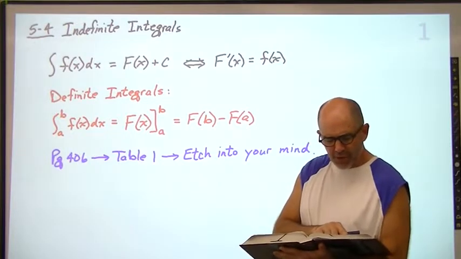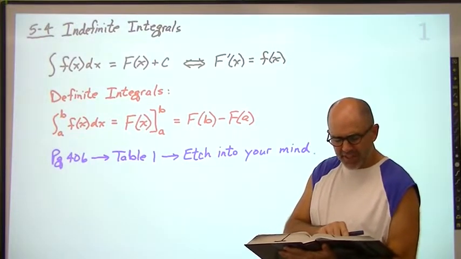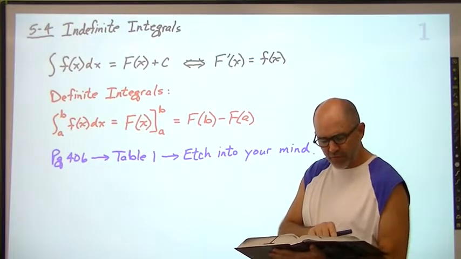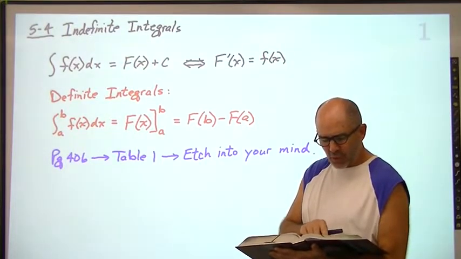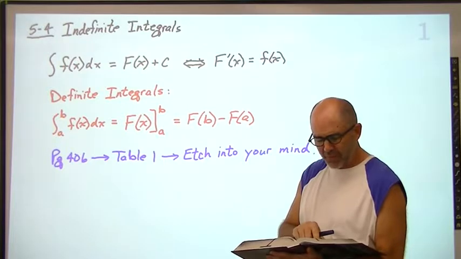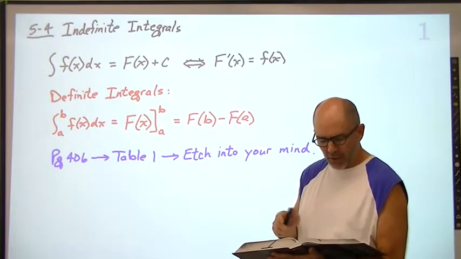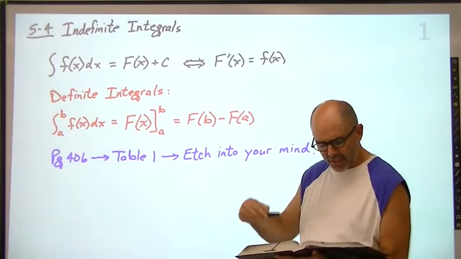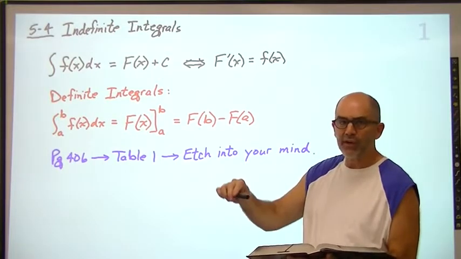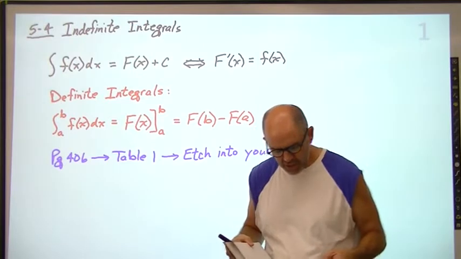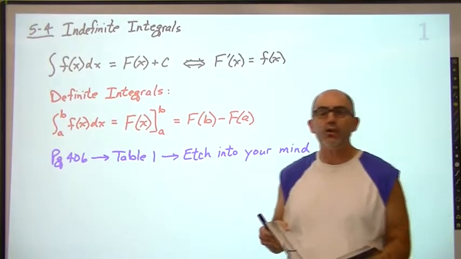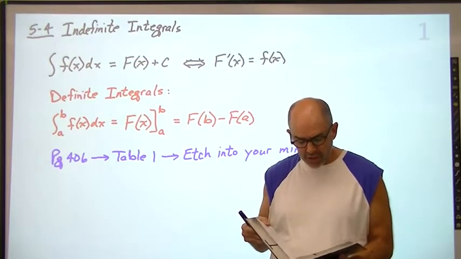Okay, now the trig functions. You know the integral of sine is negative cosine because the derivative of negative cosine is sine. The integral of cosine is sine because the derivative of sine is cosine. So we really only know the reverse of the derivatives of what we know. Since we know the derivative of tangent is secant squared, then we know the integral of secant squared is tangent.